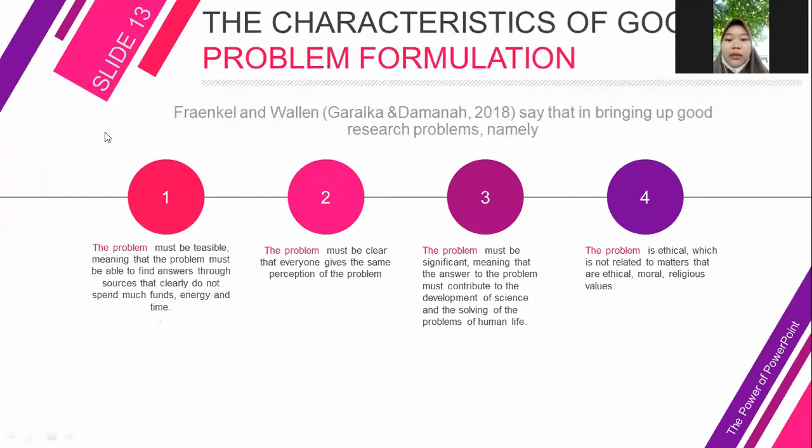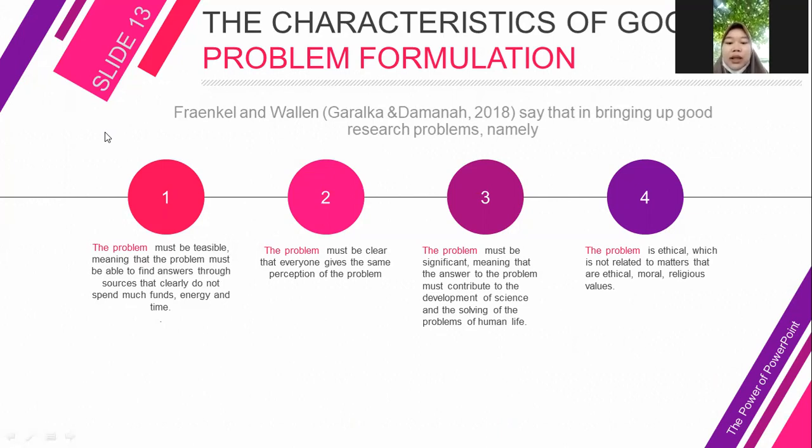According to Frankel and Wallen, in bringing up good research problems, the first is the problem must be feasible. This means that the problem must be able to find the answers through a clear source that does not spend a lot of money, energy, and time.